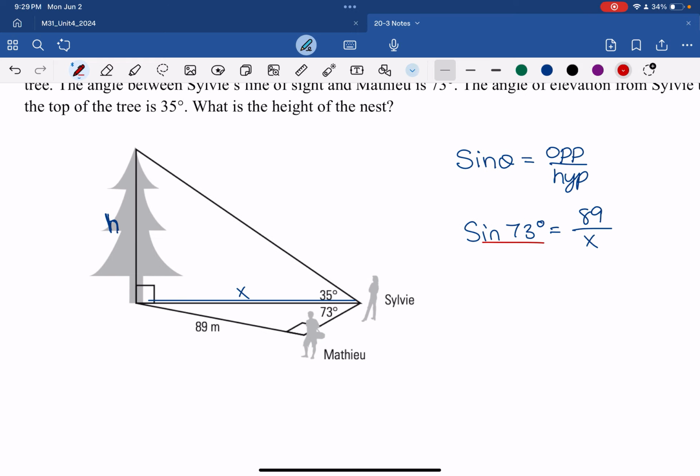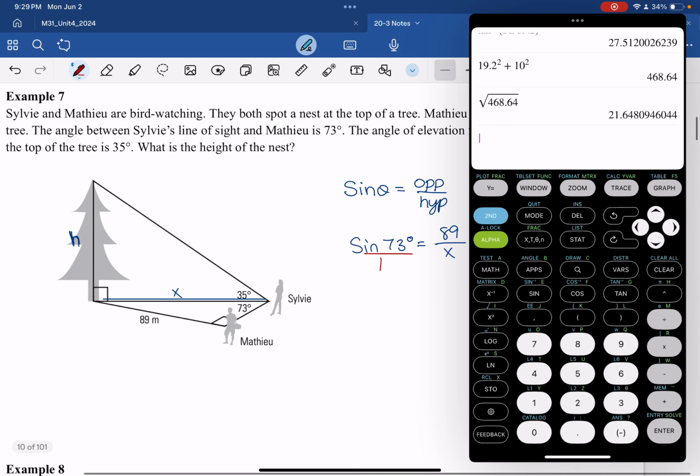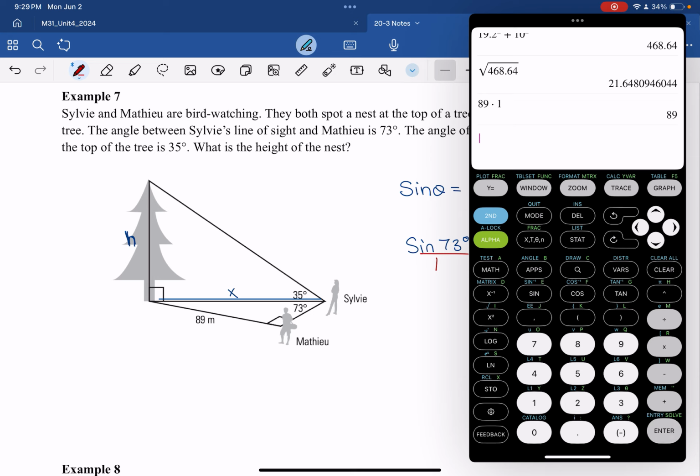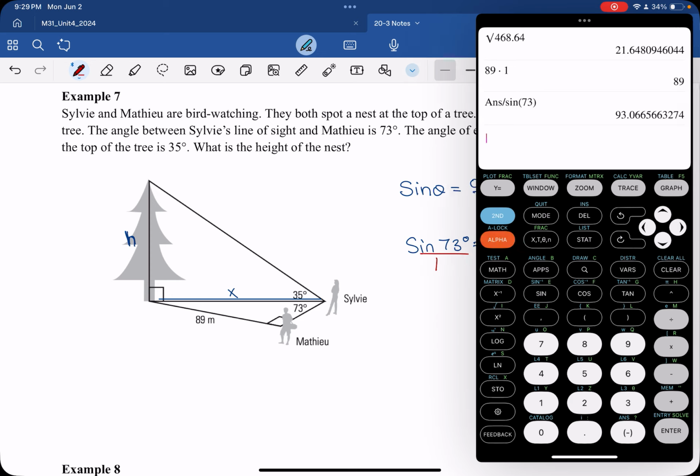So I'm going to take 89 times 1 divided by sine of 73. So we'll get a distance of 93.1.